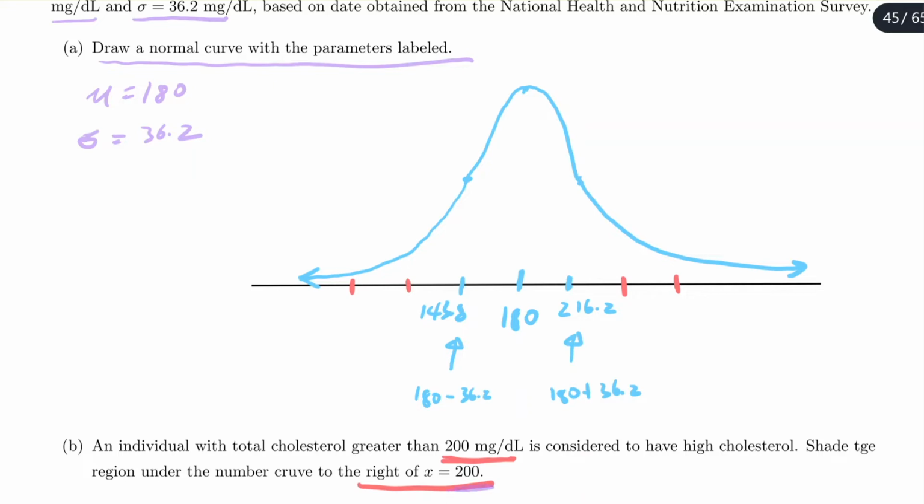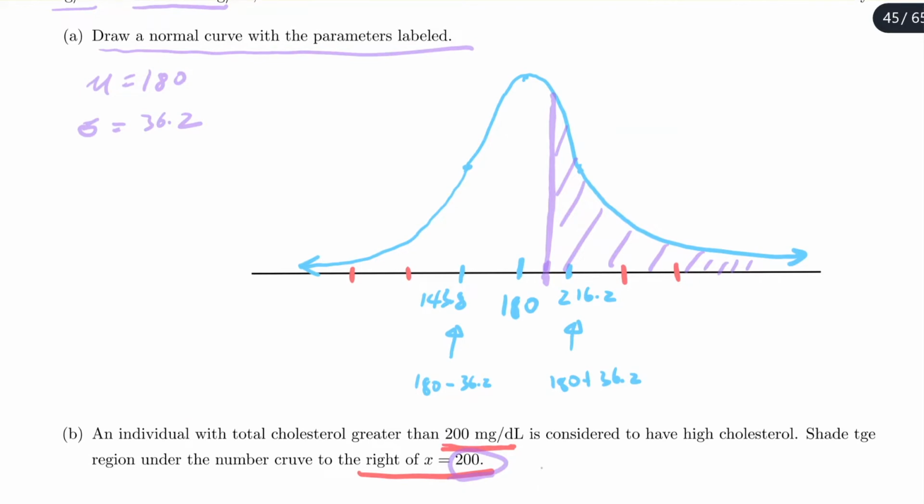Well, 180 is here, 216 is here, so 200 is maybe somewhere here. And I'm going to shade this. So for B, I did it on the graph above. Look at the graph above. This is the answer to B.